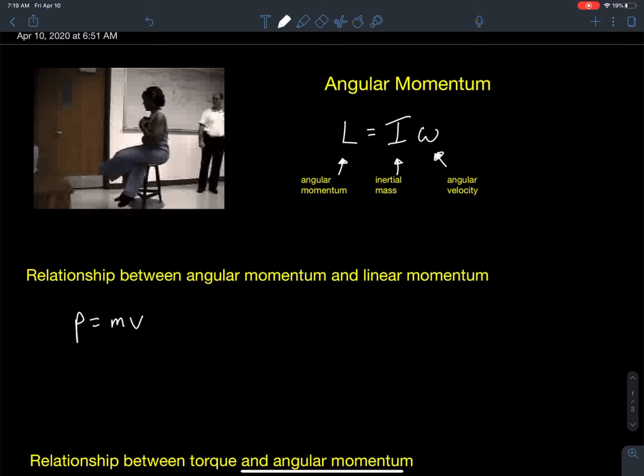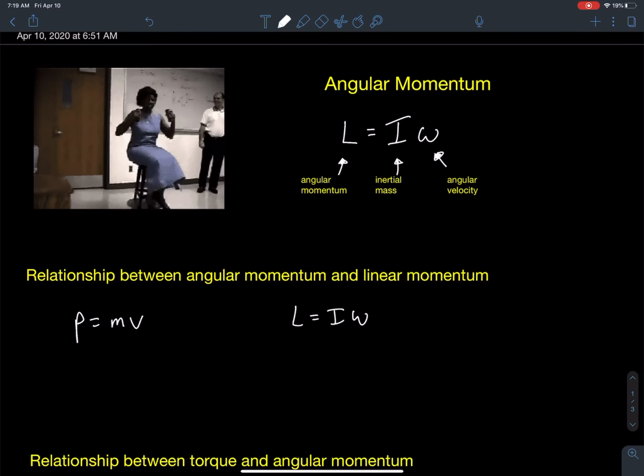Remember, angular momentum is based on an object rotating in a circle. With angular momentum, the formula was L equals I omega. I represents the inertial mass, which takes the place of m in that relationship, and omega is my angular velocity, relative to my linear velocity.